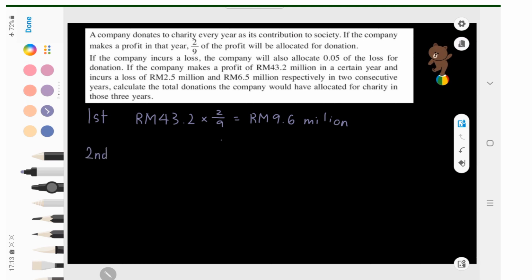And for the second year, 2.5 million ringgit. 2.5 times 0.05 equal to 0.125. 0.125 million ringgit.